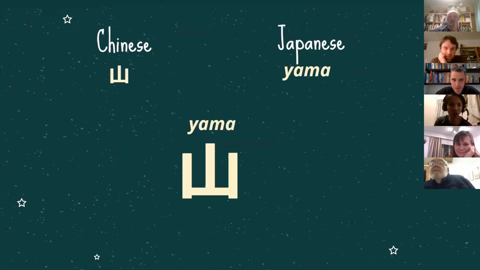So the ancient Japanese scholars came up with something. They decided to take a Chinese word for its actual reading and then combine it together with the corresponding Japanese word for it. For example, the Chinese word for mountain is san. And then you combine it with the Japanese word, yama, and you just squeeze them together.